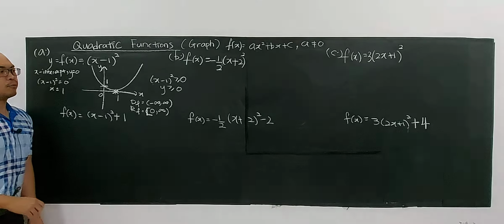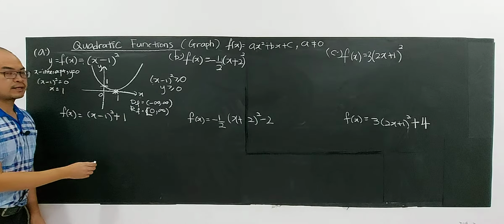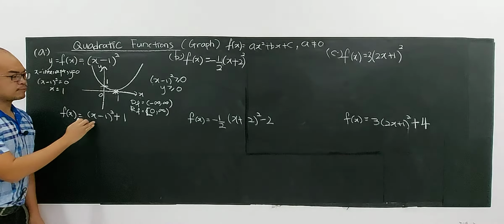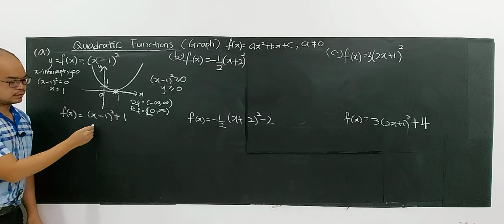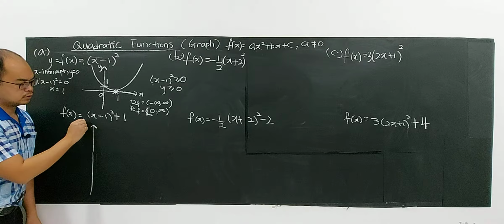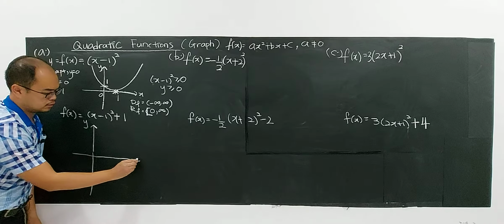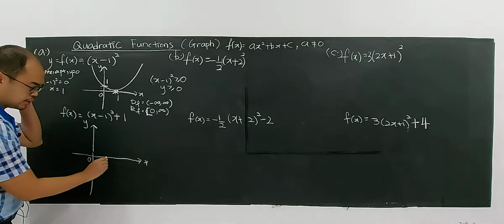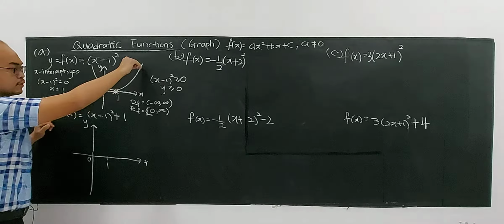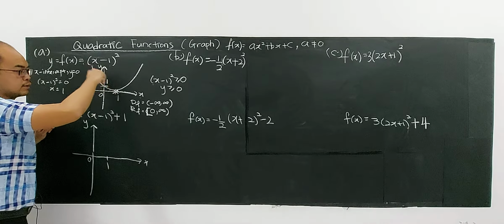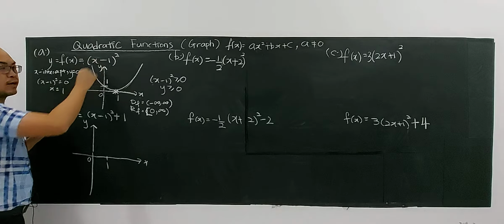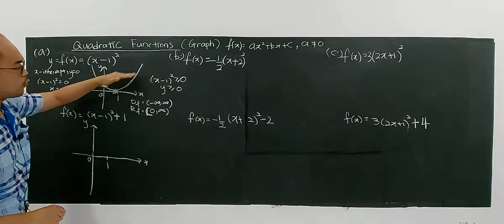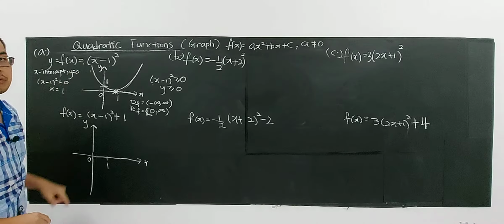So what happens when I add a 1 here? It's the same thing, but now I plus 1. The shape of the graph will still be the same, passing through 1 and opening upwards like x minus 1 square. But if you plus 1, everything here, the value of y, shifts 1 unit above.